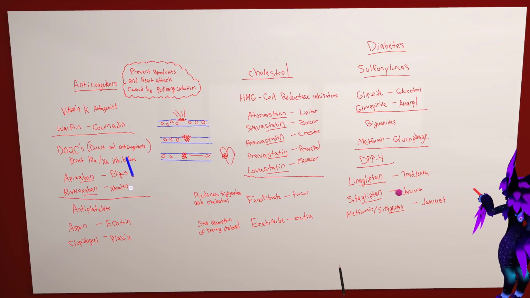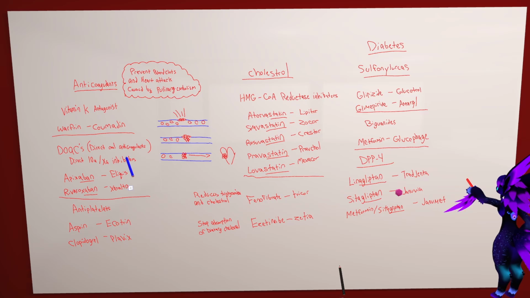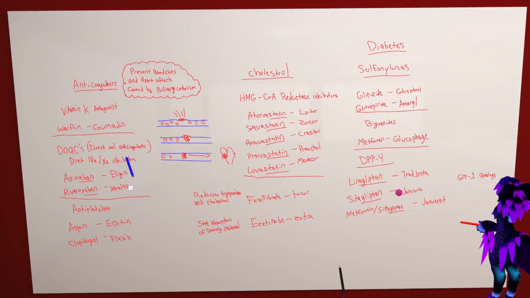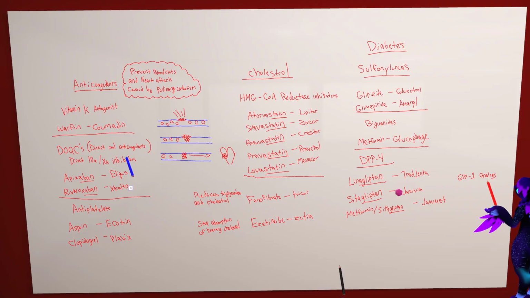And these are GLP-1 analogs. So these aren't the GLP-1 in particular, but they do mimic the same hormone within the body, which is produced within the GI tract.